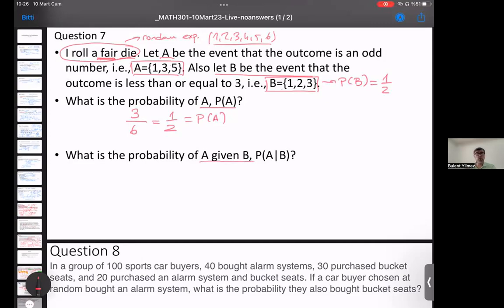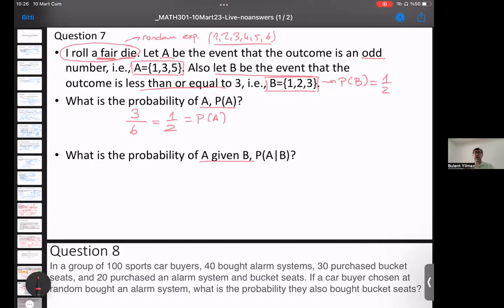Now I want you to write the meaning of the probability of A given B in the chat. I want you to write the sentence form, like odd number being less than or equal to 3 or something like that. I'm not interested in the calculation right now.